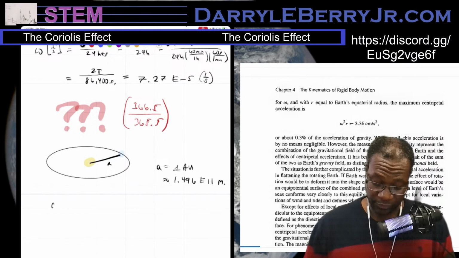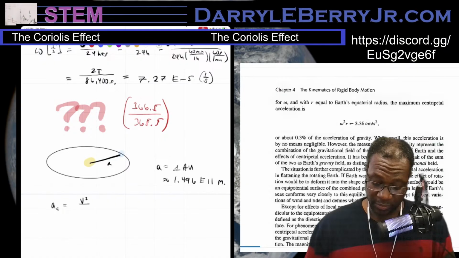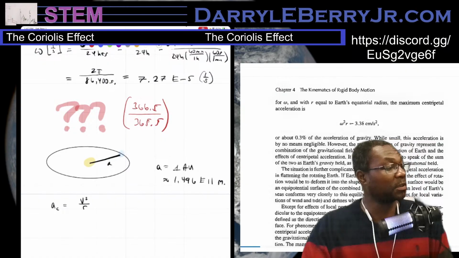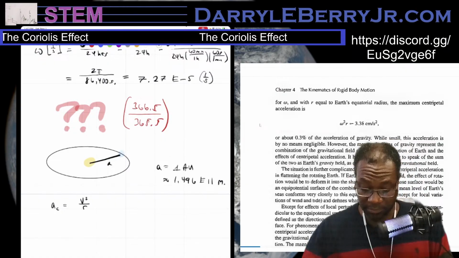And we have centripetal acceleration equals v squared over r, which is what they're applying here.